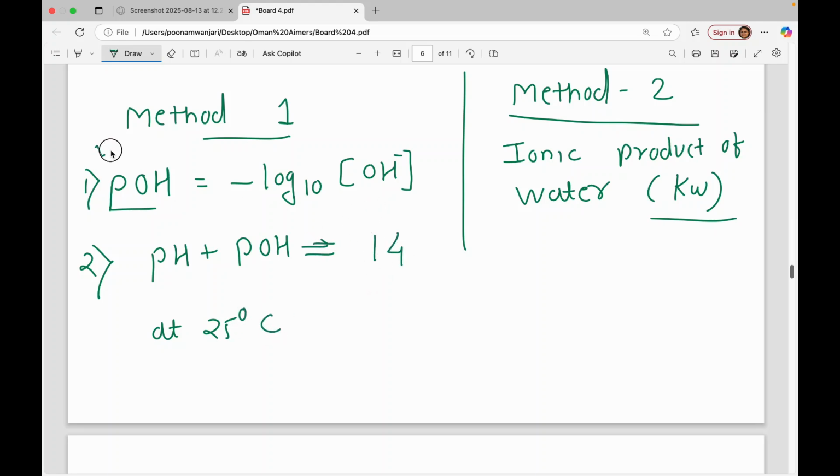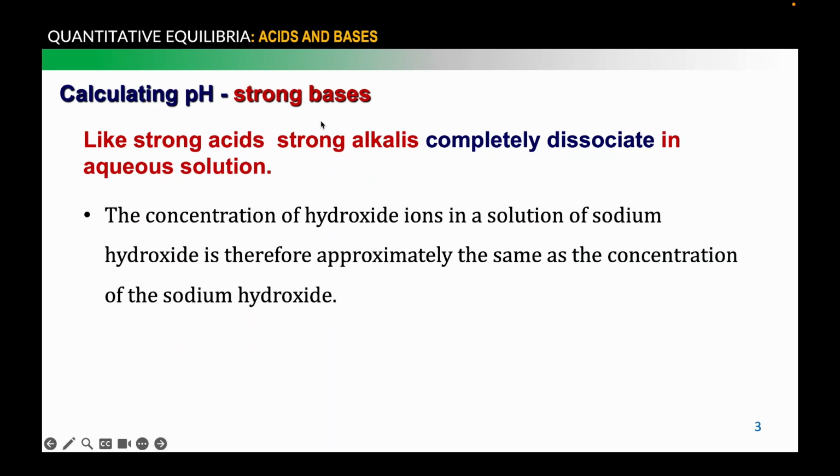You can note down these two formulas. By using these two formulas, this is your method 1, we can easily calculate pH of alkalis. We will take one simple example.